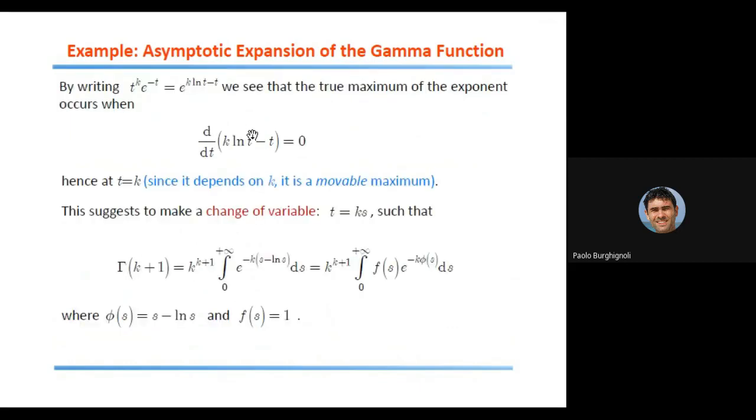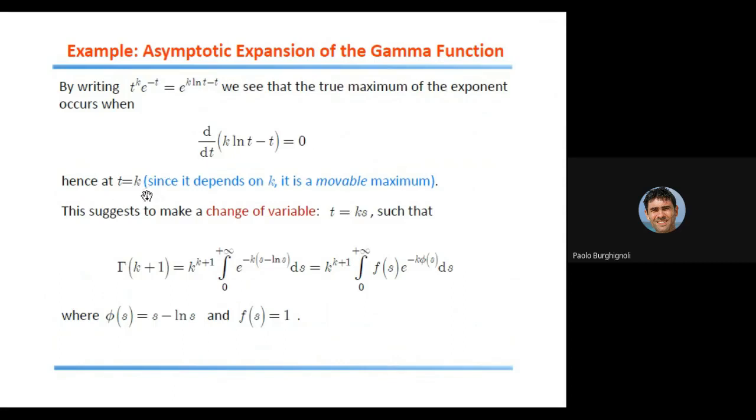So now the correct thing to do is to collect everything in a single exponential function, e to k logarithm of t minus t, and consider then the derivative of the entire exponent and let this derivative equal to 0 in order to find the minimum. You will discover that the minimum is obtained at the point t equal k.